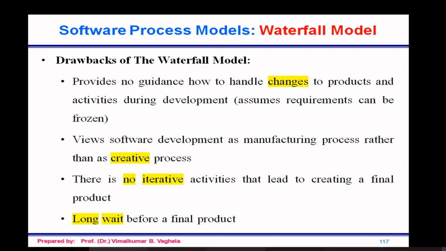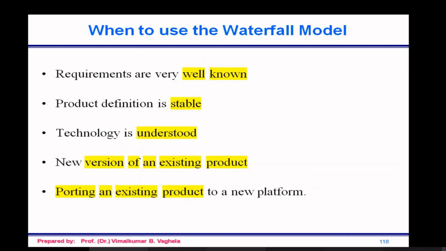Prototype means that model contains some functionality. Not all the functionality is completed, but some of it is implemented and we can give it to the customer for feedback. That we will discuss later in the next process model. But this is the waterfall model.